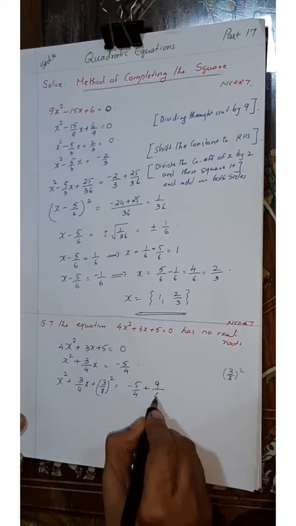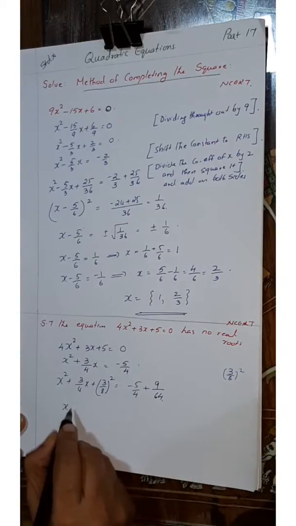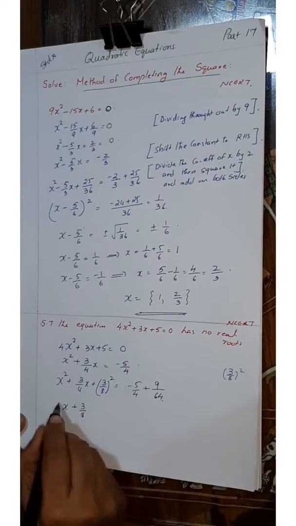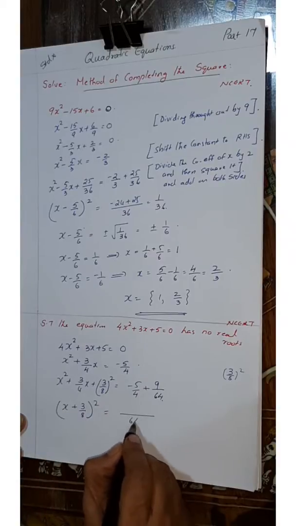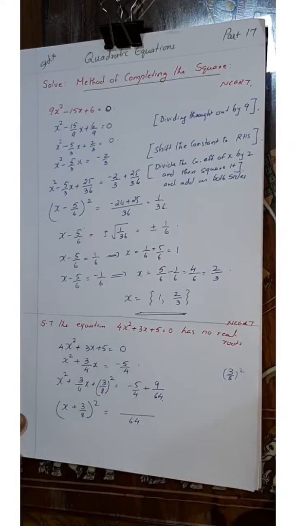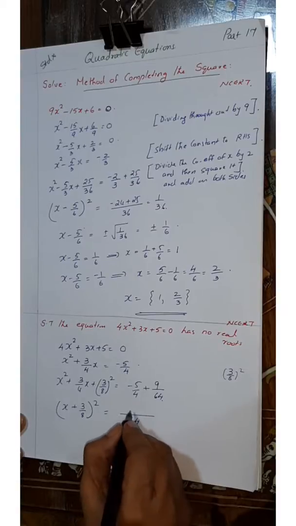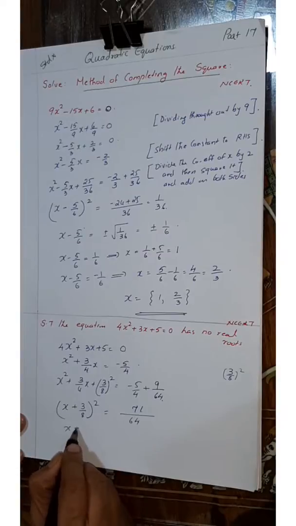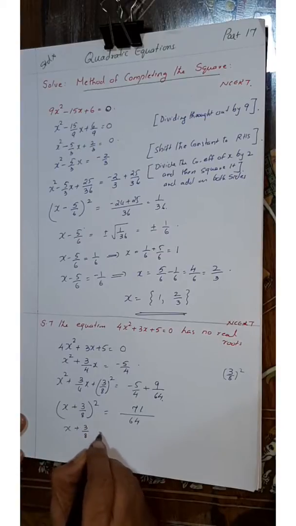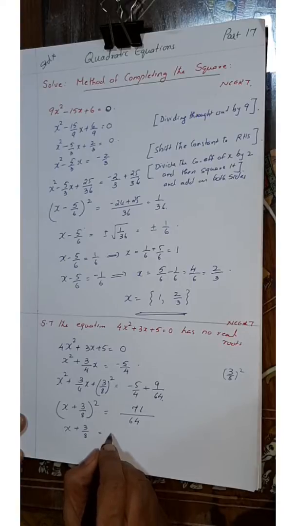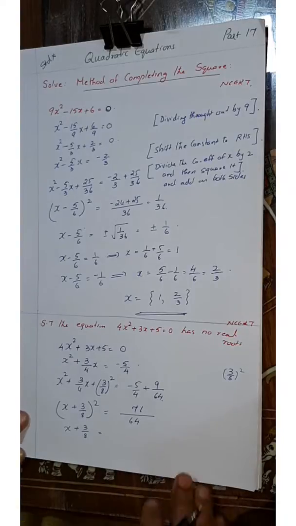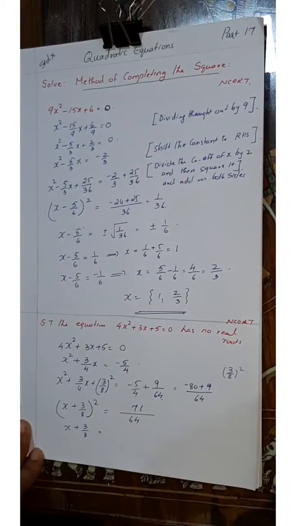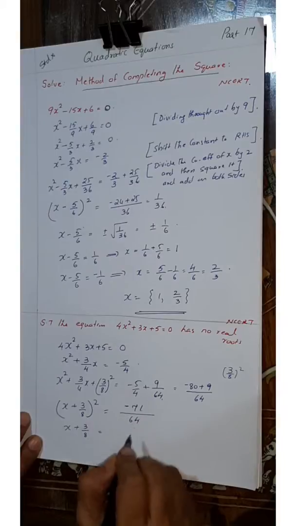plus 9 by 64. So this will become x plus 3 by 8 the whole squared is equal to minus 71 by 64.